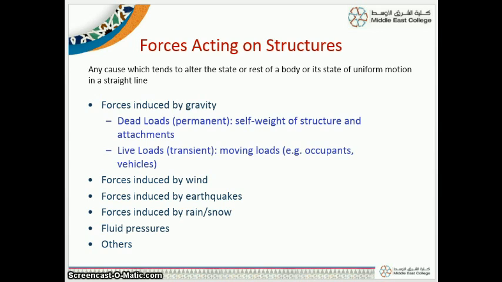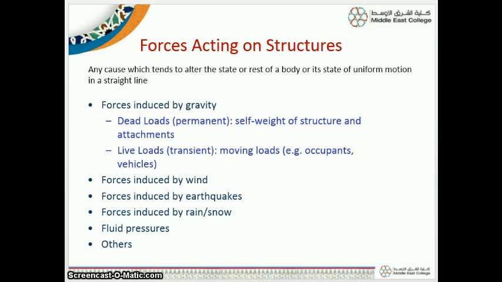So we have different types of forces. Forces induced by gravity: dead loads and live loads. What is a dead load? A dead load is a permanent load, the self-weight of the structure and attachments. Live loads are moving loads, for example occupants, vehicles, etc. So these are the loads induced by gravity, vertical loads.